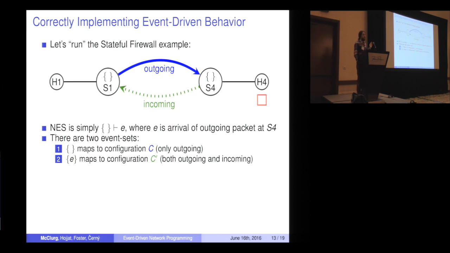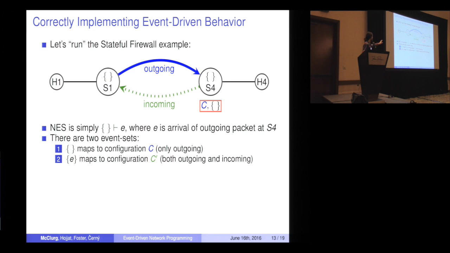Let's start it at H4 and send it into the network and see what happens. When the packet enters the network, it's stamped with the current set that it sees at the edge switch. It's also stamped with the configuration that corresponds. So at all times in the future, that packet will be routed according to that configuration.